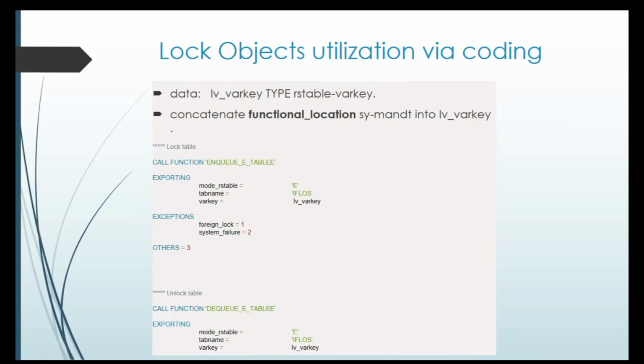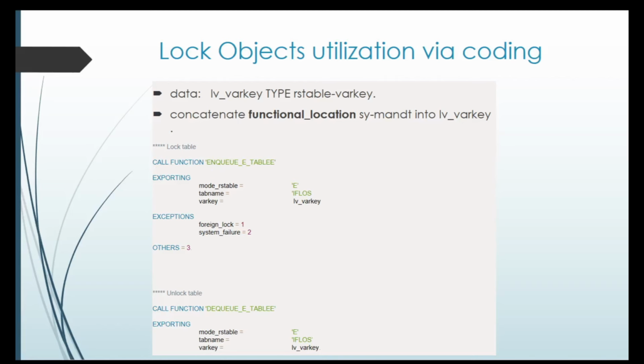Here it is. Now I'm showing the four simple steps for how we can use our lock object in our program. First of all, we need a variable, VARKEY, which will have type RSTABLE-VARKEY.